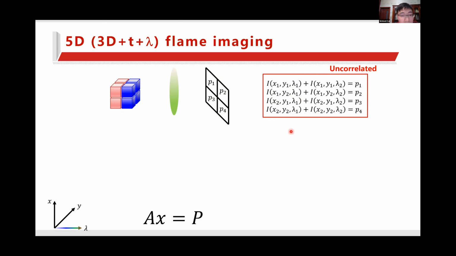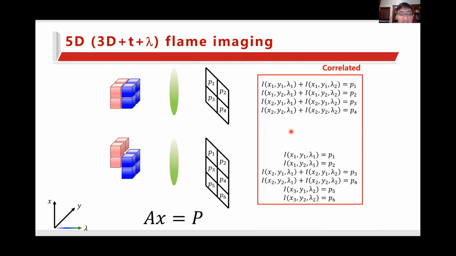So how to do that? You get another projection, for example, along this direction, 45 degrees. Now you put another camera here, and the signal on this camera is like this. It's another set of linear equations.